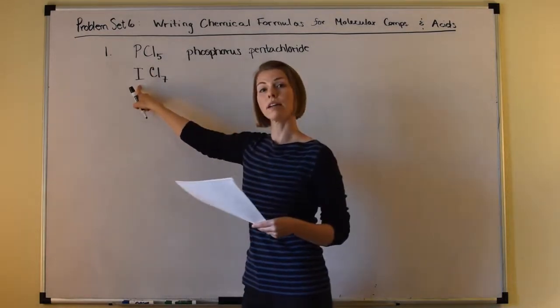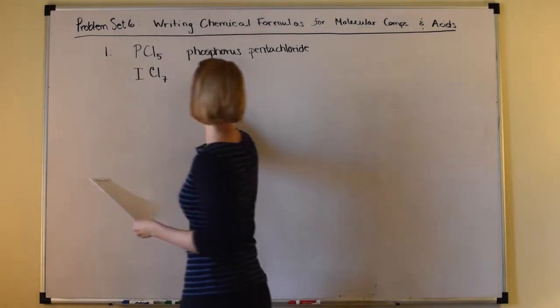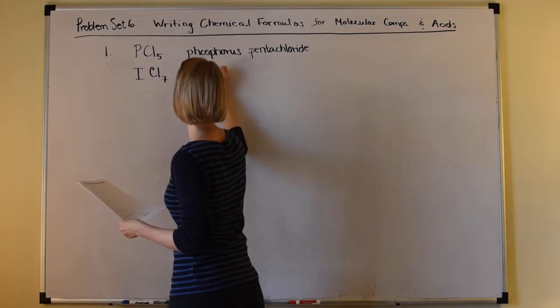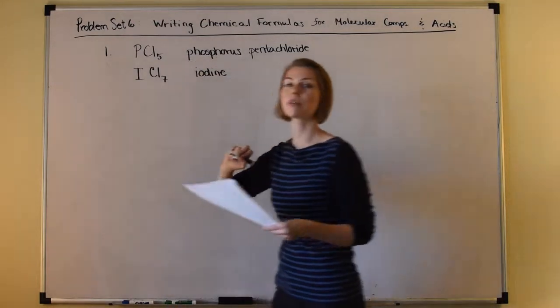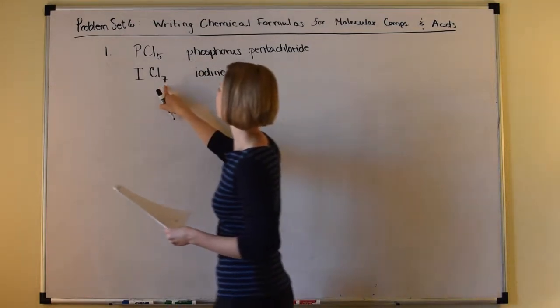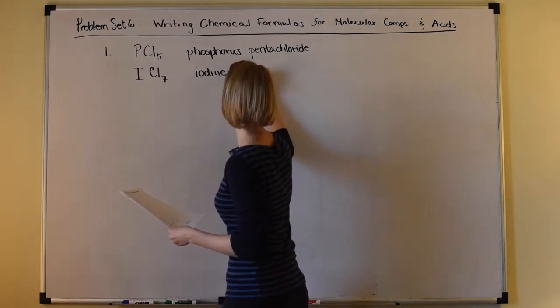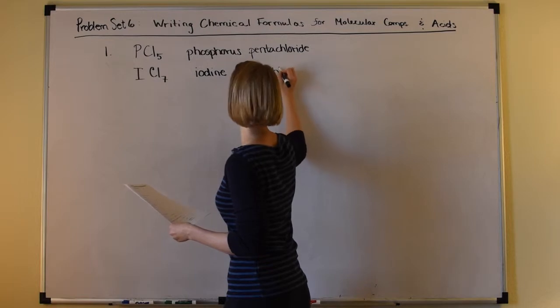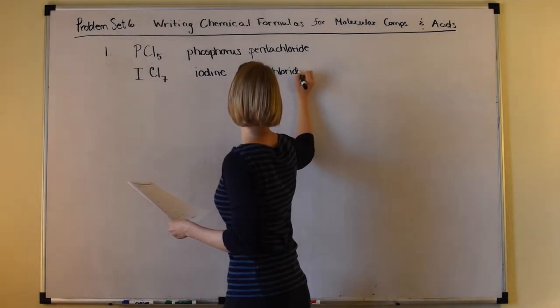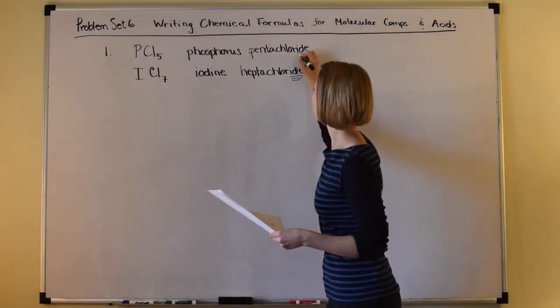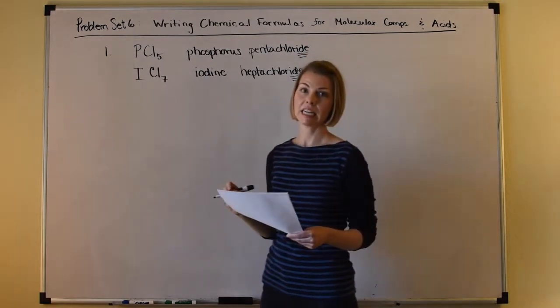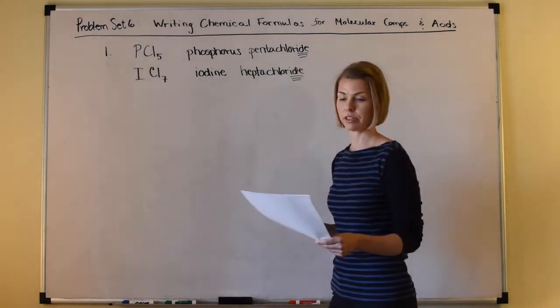So we've got 1 of the first element, iodine, so it's iodine, drop the mono, you don't write the mono on the first element, and then it's hepta for 7, heptachloride. Okay. Remember that you do still keep that IDE ending, even for a molecular compound.